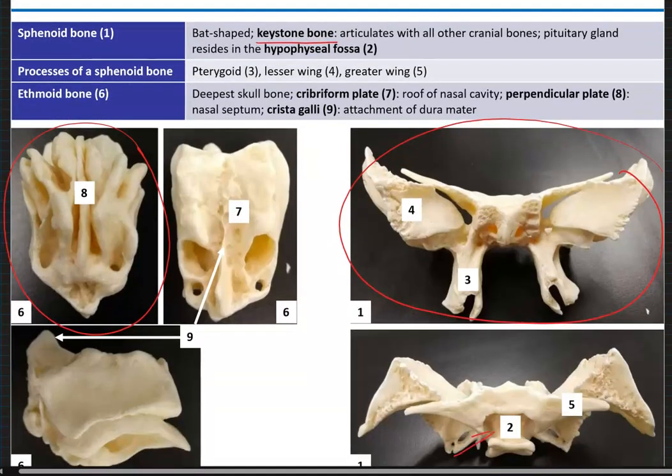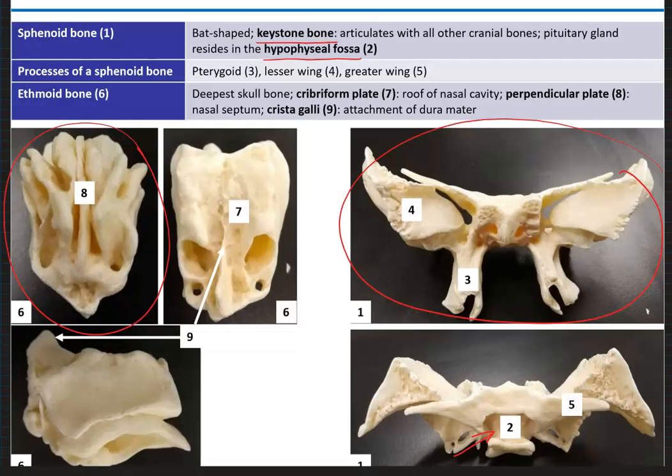A depression, shown here in the number 2, hypophyseal fossa, also known as sella turcica, or Turkish saddle, is the location where pituitary gland sits.